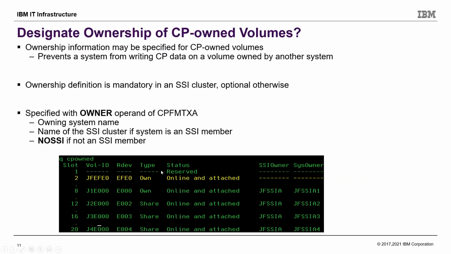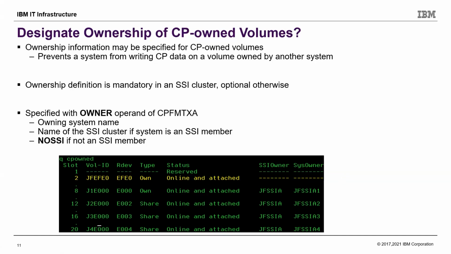Now you see the first one in slot 2 here, the line in yellow. This is a CP-owned volume. It's in the CP-owned list. It's brought online to my system, but there's no owner information defined. But I just told you it's mandatory in an SSI cluster. Well, what will happen is this volume happens to have, in addition to CP-owned areas, CP-defined areas, perm space that might have minidisks on it.